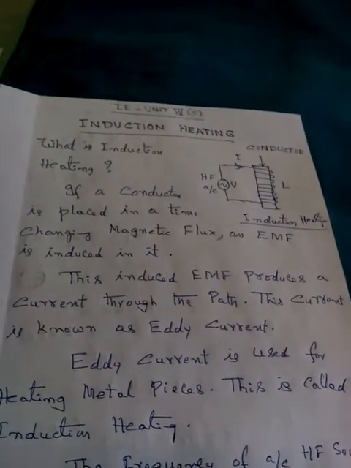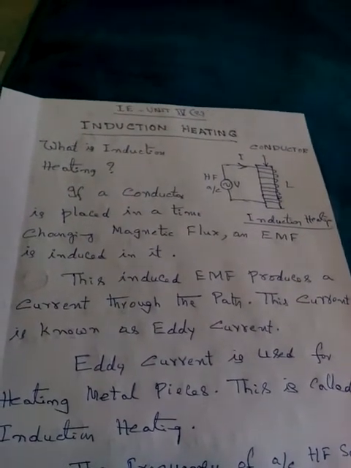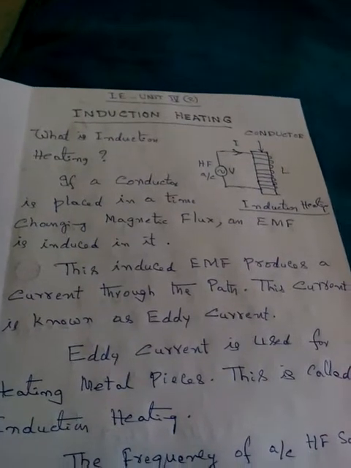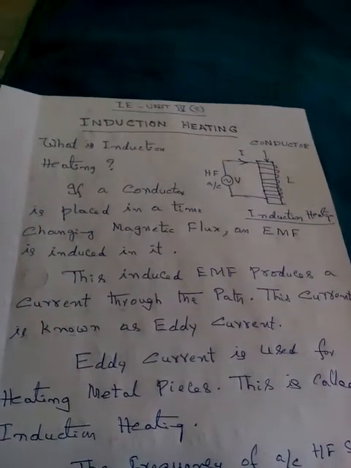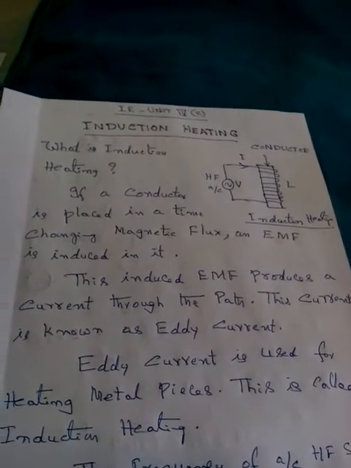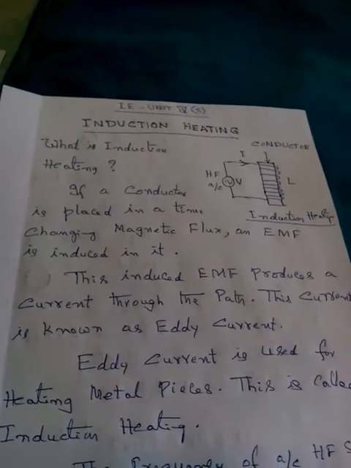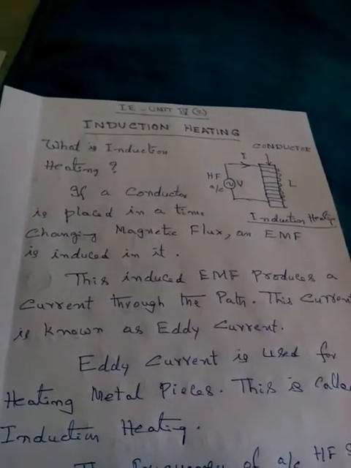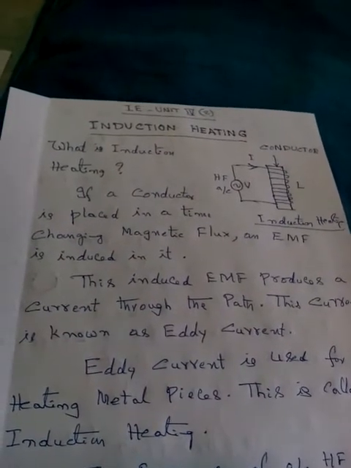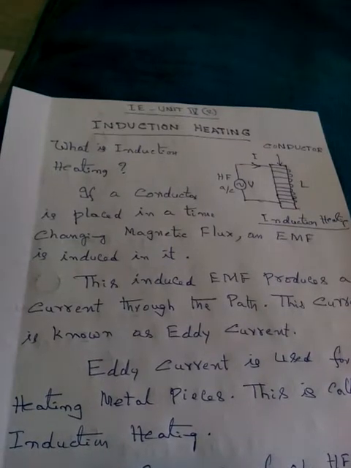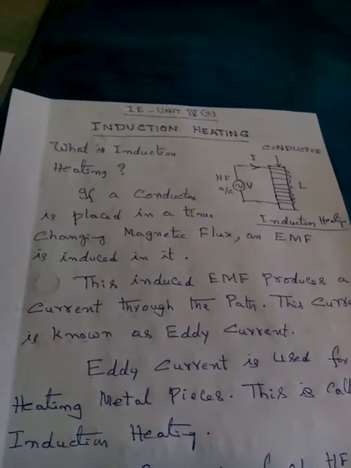This induced EMF produces current through the path. This current is known as eddy current. So as shown in the figure, the conductor is placed in a coil. To the coil, AC voltage at high frequency is given, about 500 kilohertz or something like that.